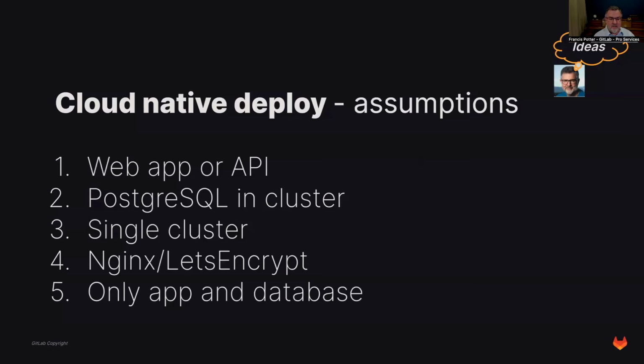The second thing is that it is built for PostgreSQL as the database. It has built-in support for PostgreSQL running in the cluster using CSI, Container Storage Interface, within Kubernetes to allocate volumes for PostgreSQL. So it's not really built around deploying to other cloud services such as RDS within Amazon, for example.